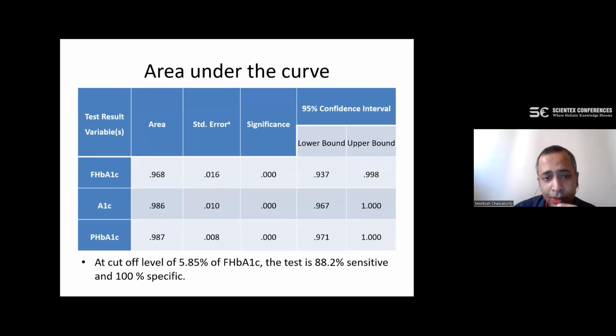The area for fructosaminated HbA1c was 96.8%, whereas for HbA1c and predicted HbA1c it was 98.6% and 98.7%. So what I mean to say is that the area under the curve is also in line with HbA1c and predicted HbA1c.